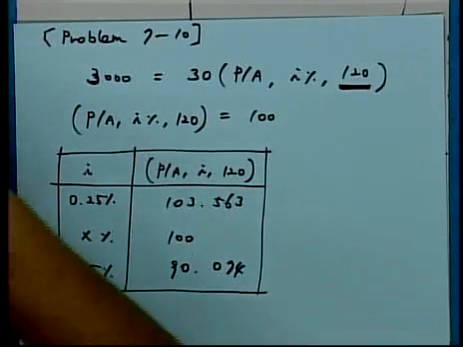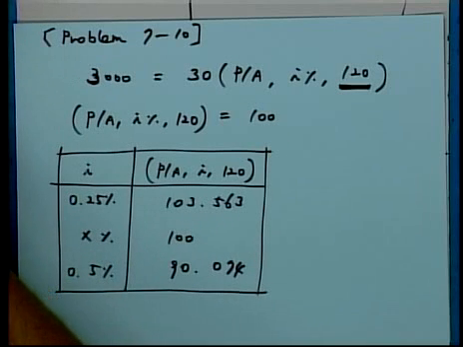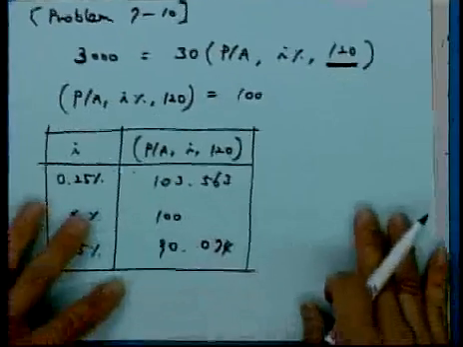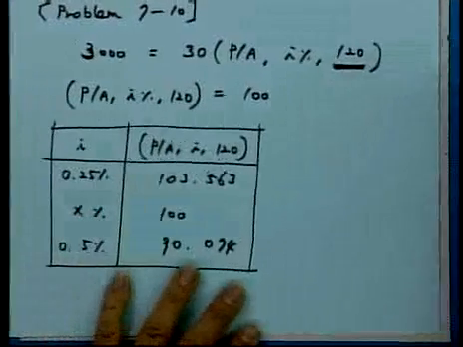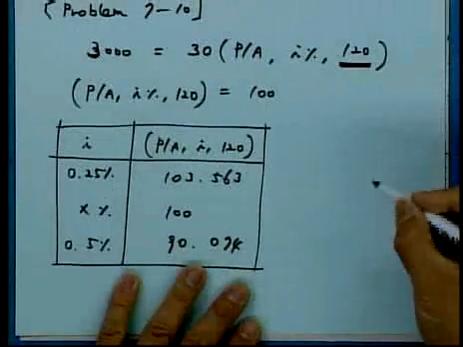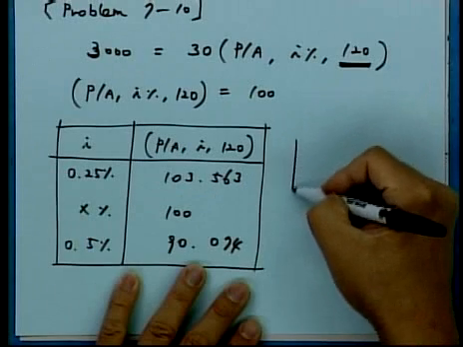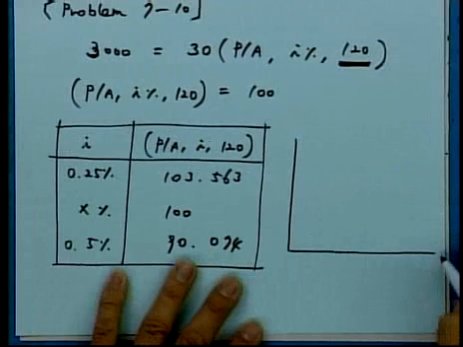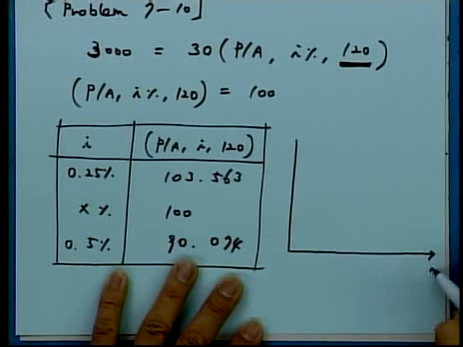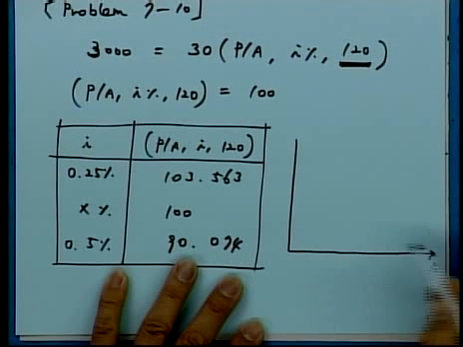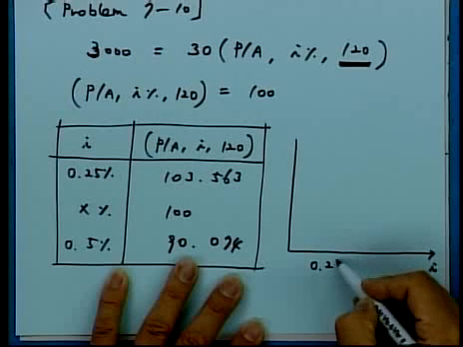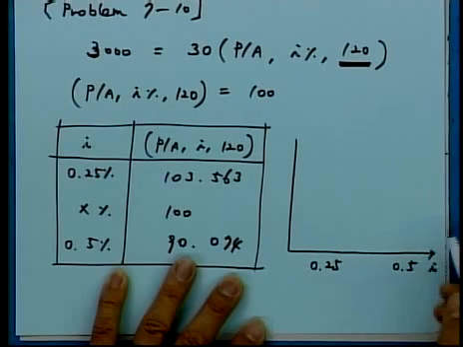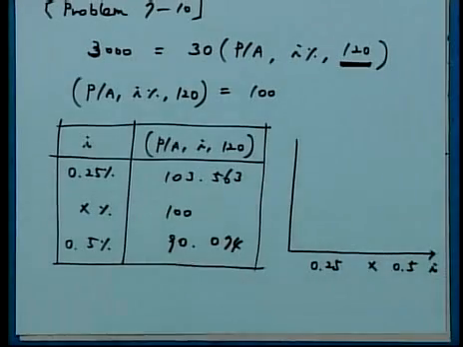So again, we can draw a simple diagram based on these values. The horizontal axis is the internal rate of return, so 0.25% and 0.5% and X%.